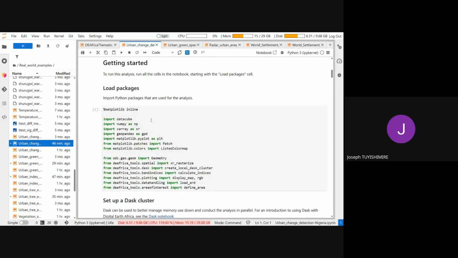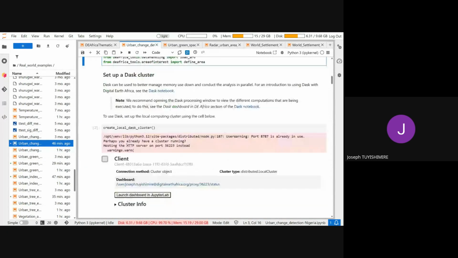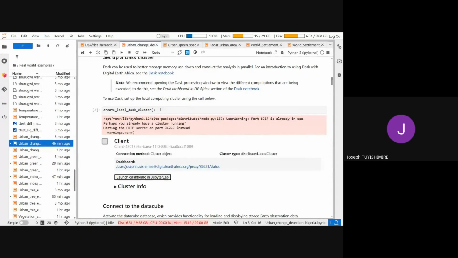Once again, we load our packages and create a local Dask cluster. It's a way of making the task easier on our memory, because you divide the study into different chunks, and it can process part by part, then combine them at the end.